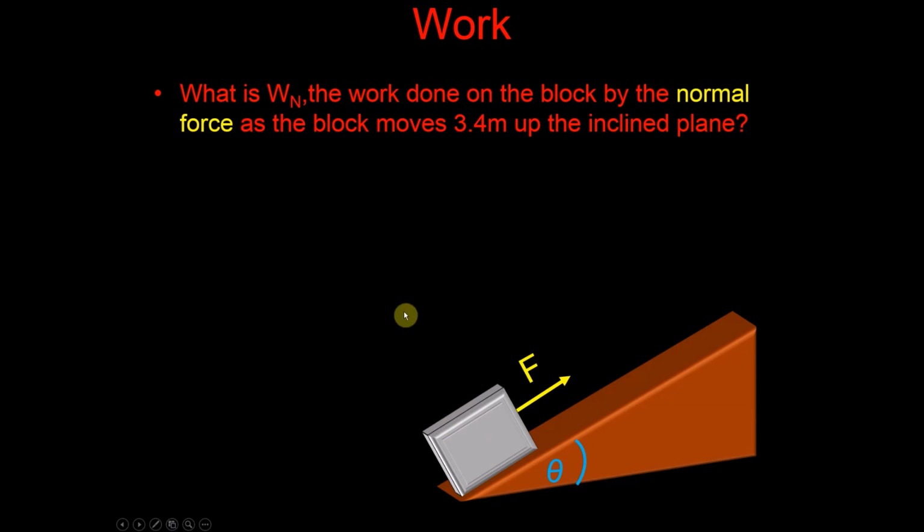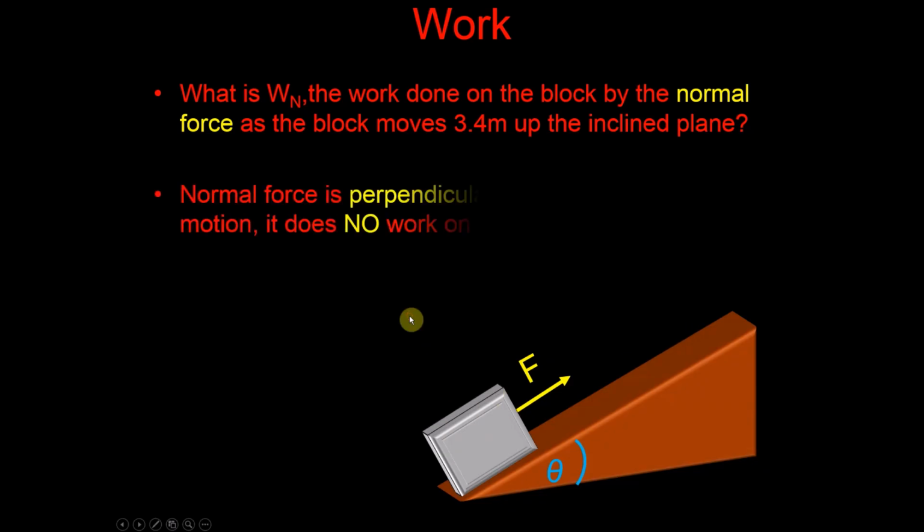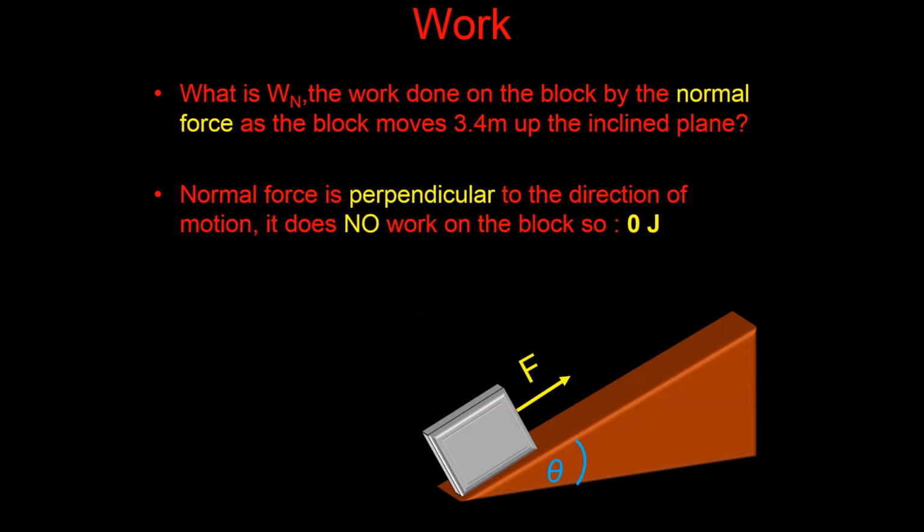It also comes to mg cos theta, remember, for our inclined plane system. Direction of motion is this way, n is this way. That should lead you to the conclusion that the normal force for this entire length of travel is 90 degrees to the direction of motion. So the system does no work on the block. So 0 joules is our answer.